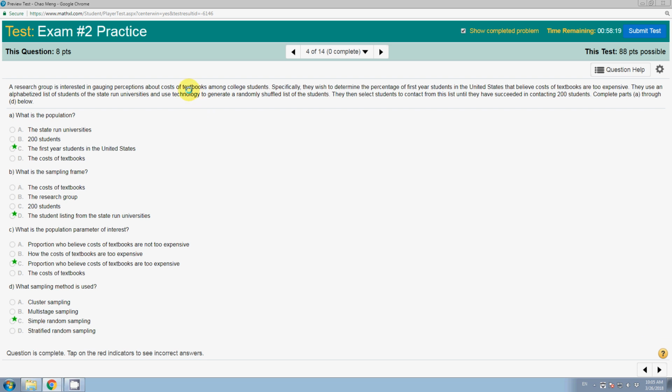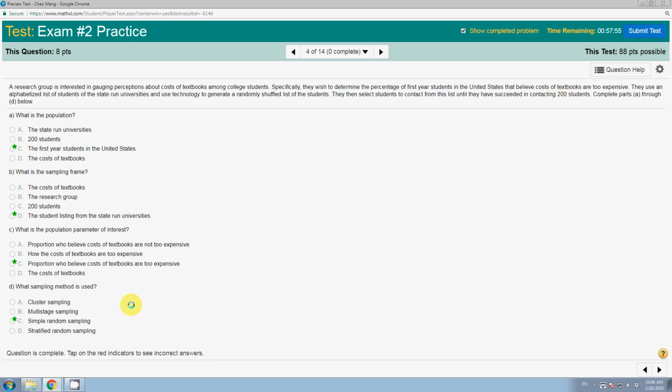If we read the description, the second sentence, they wish to determine the percentage. We got the percentage, so that's going to be the population parameter, and the C option is correct: the proportion who believe the cost of textbooks is too expensive. That's the second sentence.